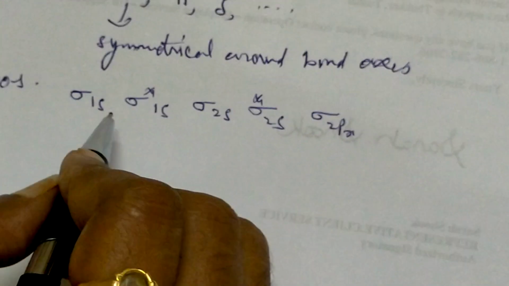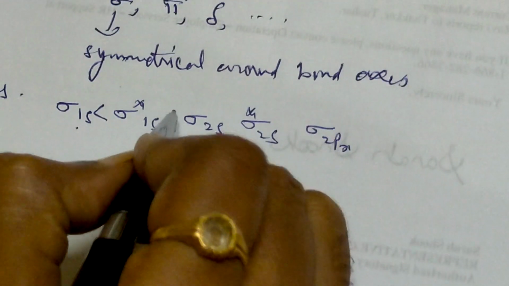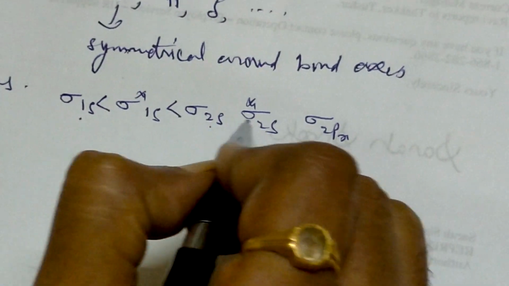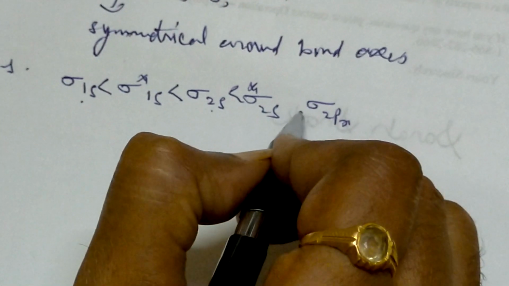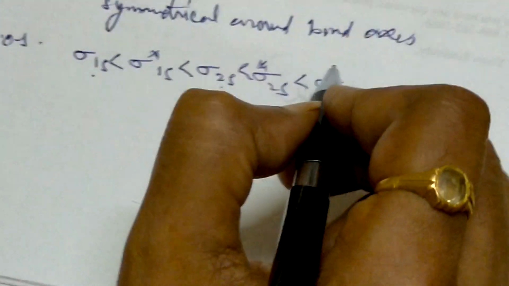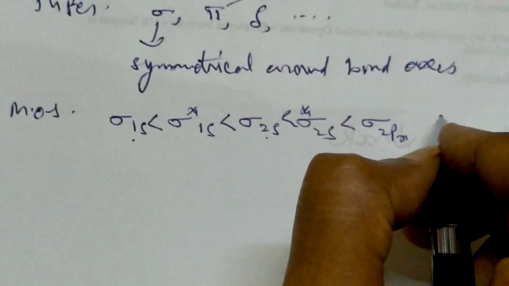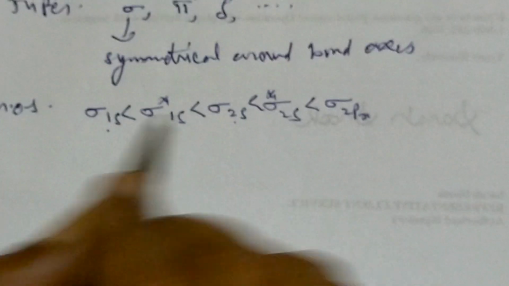Sigma 1s is lesser than sigma star 1s, lesser than sigma 2s, lesser than sigma star 2s, lesser than sigma 2p x, y, z. Almost all the three are the same. Then pi star, it will be like this.